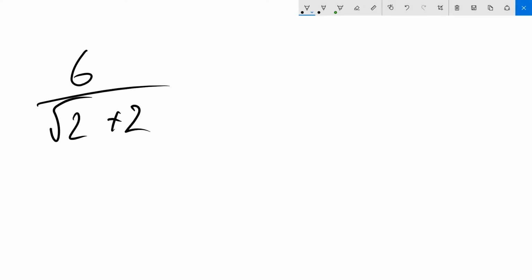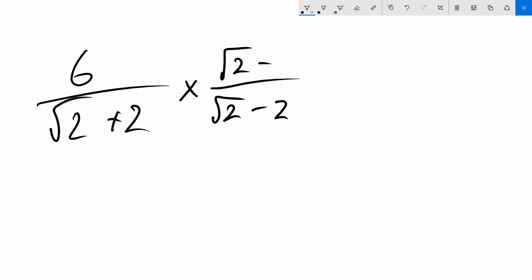Okay, let's do a slightly different question. So now we'll times it by the complement of the denominator, root 2 minus 2 divided by root 2 minus 2.